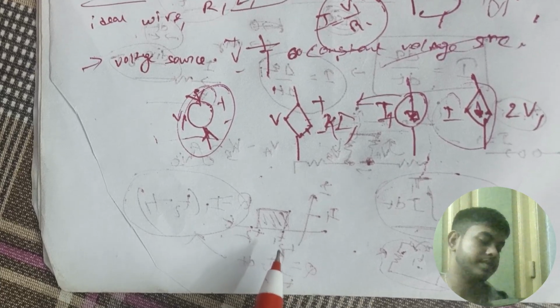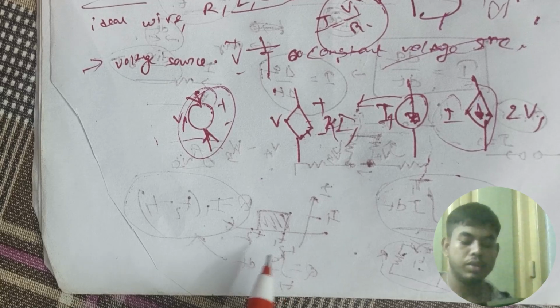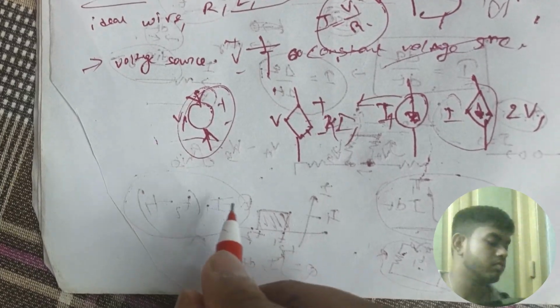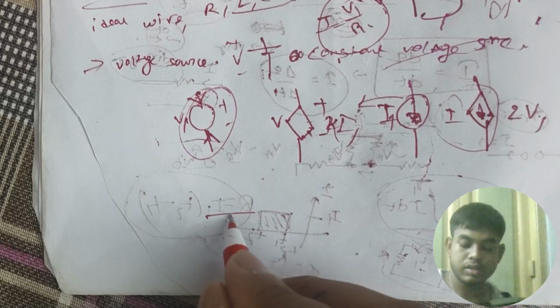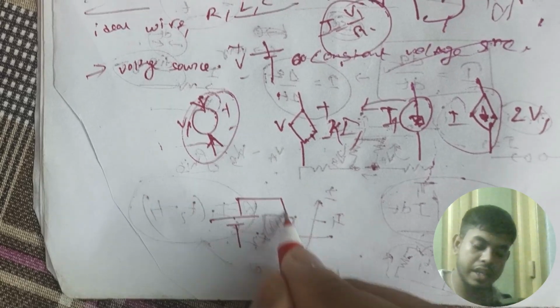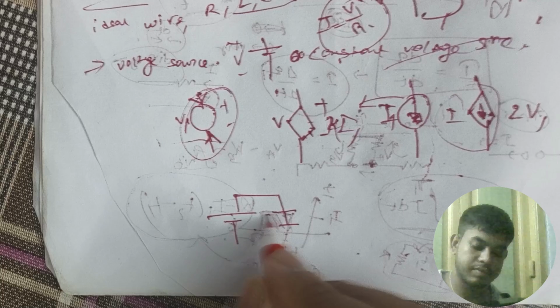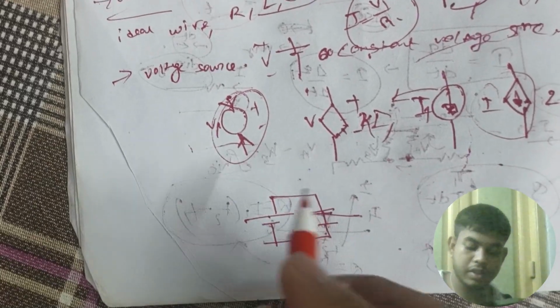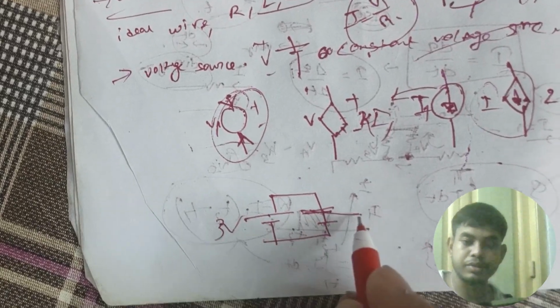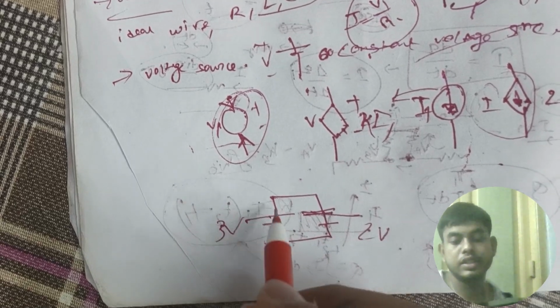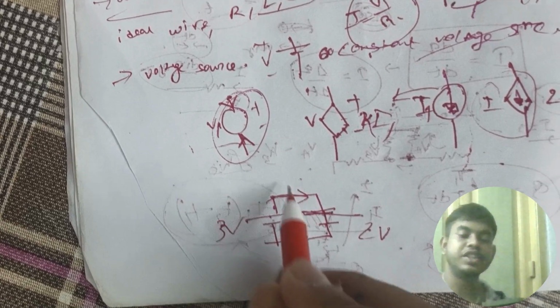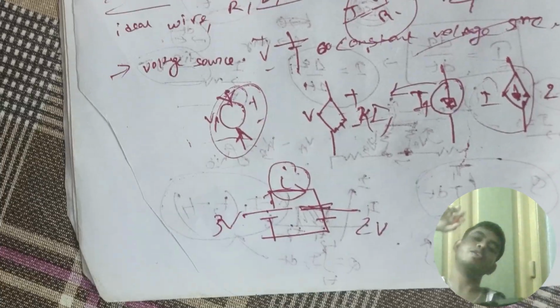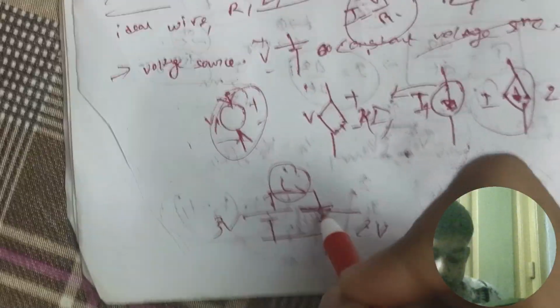One thing: we cannot connect voltage sources like this. Suppose one is 3 volt and the other is 2 volt, the current will become infinite. It will go very high and damage the 2 volt source and later the 3 volt also.